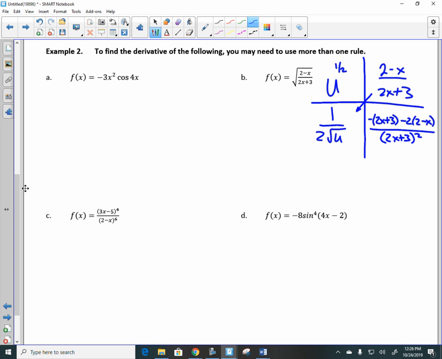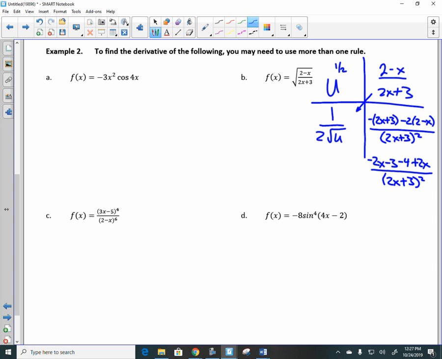Okay, it looks like I could probably combine some terms in the numerator. Would you agree? So let's do that. I get negative 2x minus 3 minus 4 plus 2x all over 2x plus 3 quantity squared.